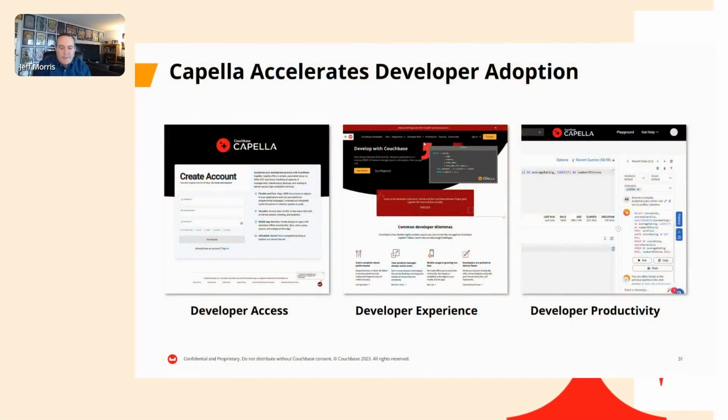And I've said that making the world easier for our developers is Capella's goal, and we're continuing to accelerate developer adoption here, from accessibility, to supporting an easy-to-create singular account, to allowing you to create and turn on and off your activities overnight so that you're not burning resources while you sleep, improving the overall developer experience.